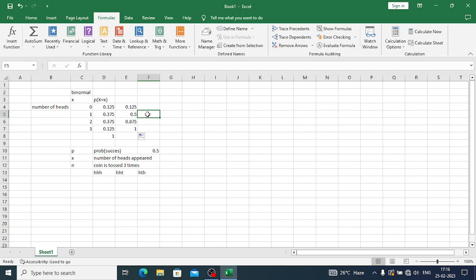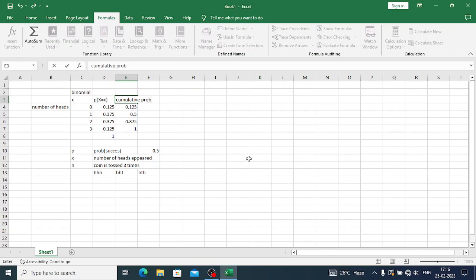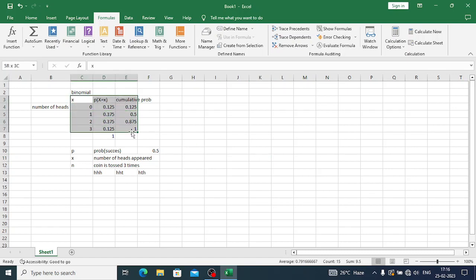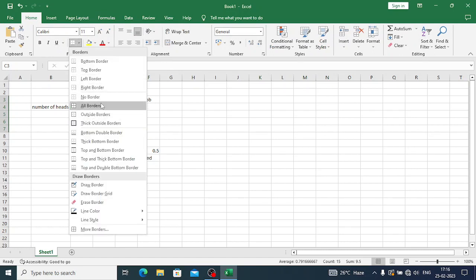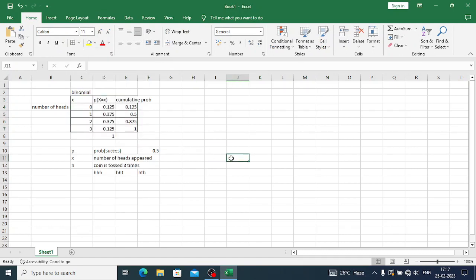This is nothing but the probability of x less than or equal to 1. Okay, so here I am going to define this as cumulative probability. So this is the binomial distribution for 3 trials with probability of success as 0.5.